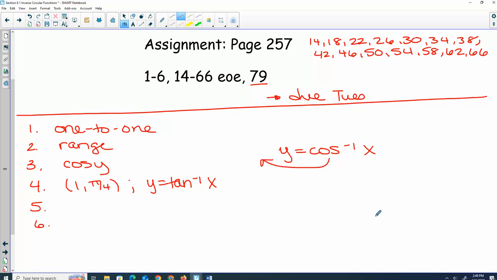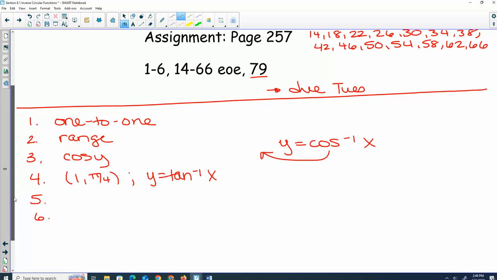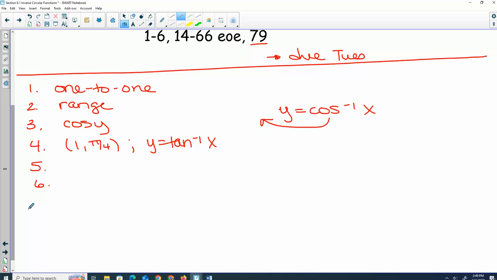Alright. Number 5. If a function f has an inverse and f of pi is equal to -1, then f inverse of -1 is equal to... f of pi is -1. When you do the inverse, those two just flip. So f inverse of -1 is just pi.